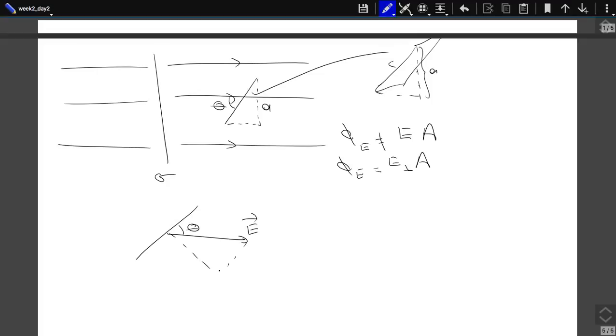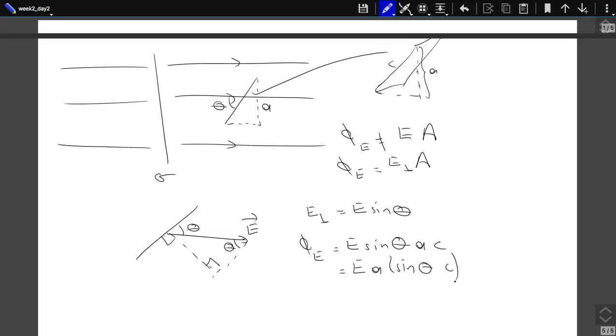The perpendicular component, this angle is also theta, is nothing but E times sine theta. If you look at this right triangle, this component is E multiplied by sine of theta. So the flux is E times sine theta times the area, E times A times sine theta times C.